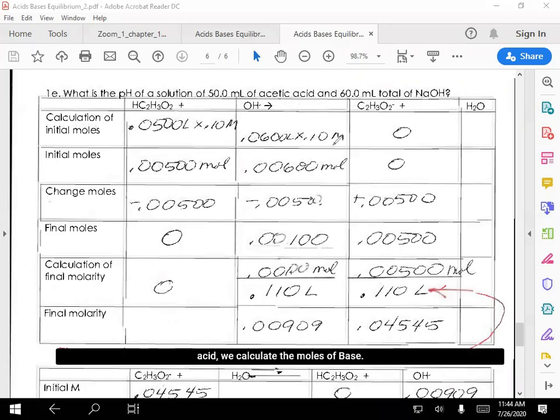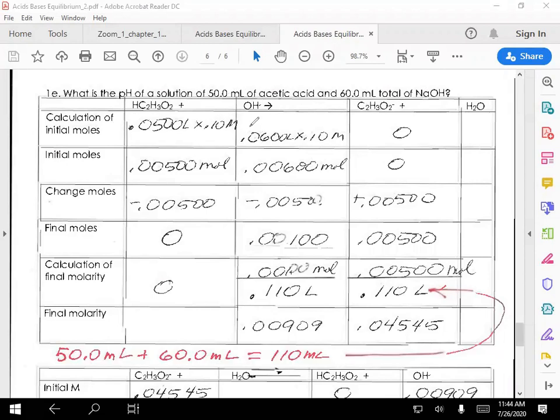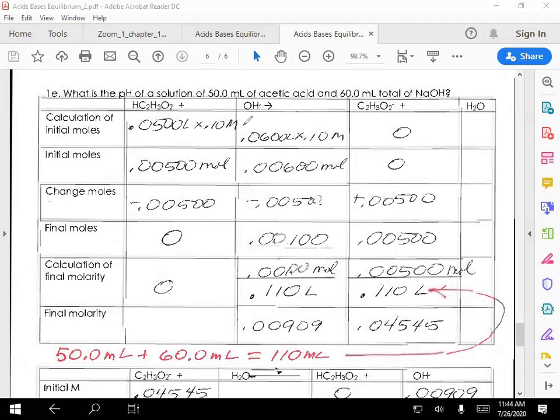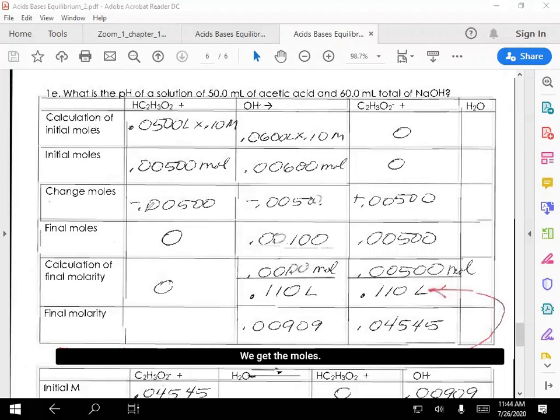We calculate the moles of base. So again, that is volume in liters times the molarity. And this is the same acetic acid we've been using for all the other problems, which is why it's the same molarity. We get the moles of acetic acid, and in this case, the acetic acid is the limiting reagent.